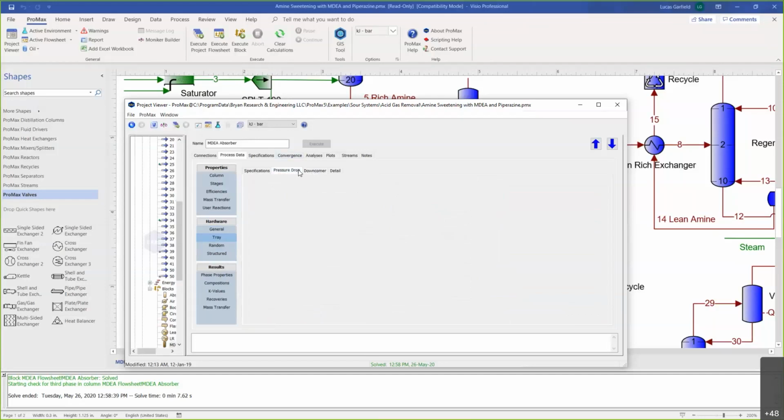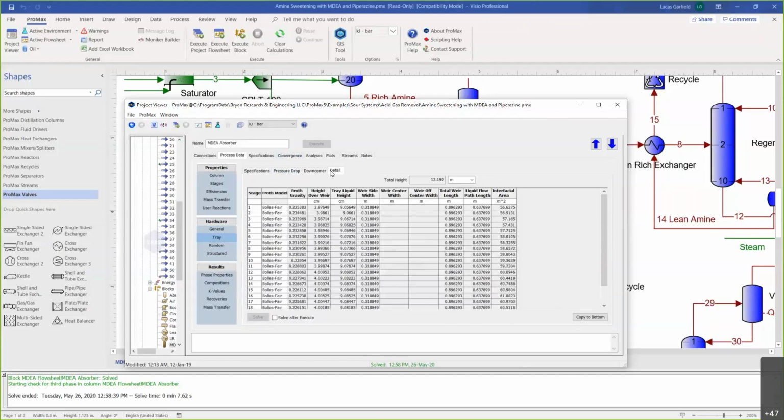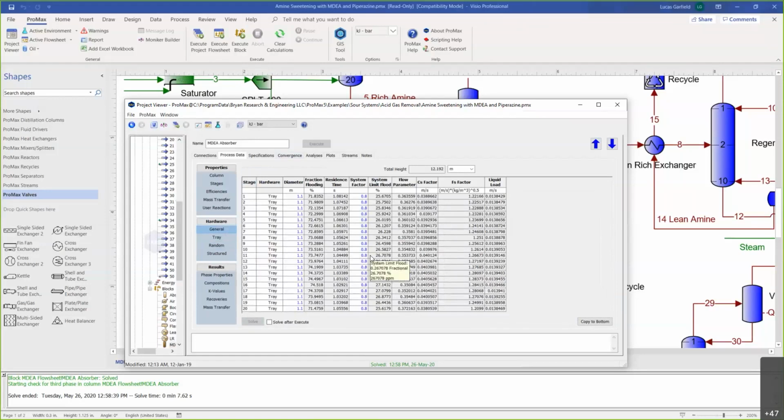I've got some details about pressure drop, what the expected pressure drop would be, and some information about fine details like the froth model. We don't specifically report the weeping or dumping point, but I think you could get a pretty close idea of whether your column was operating in a reasonable range from what we do offer, the fraction flooding and the downcomer flooding.